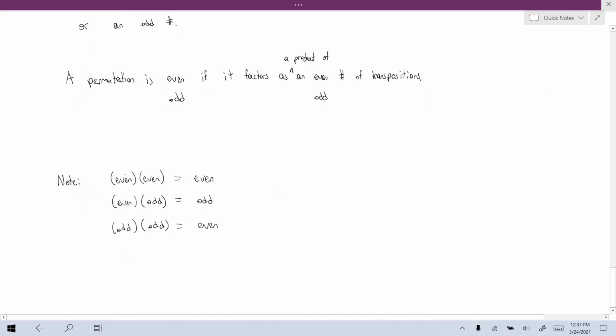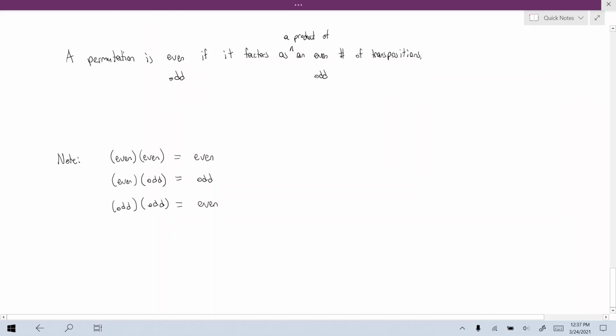The fact that two even permutations composed with each other gives you another even permutation means that the set of all even permutations in Sn is closed under the group operation of function composition.